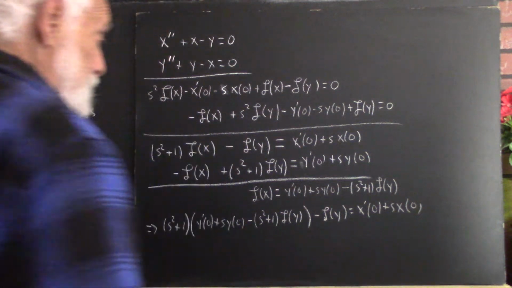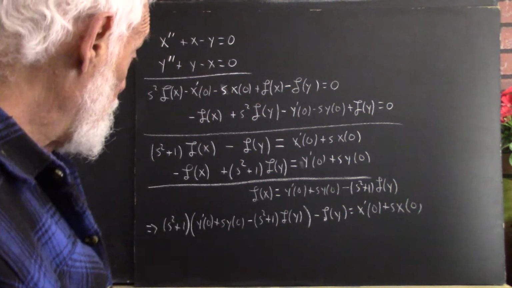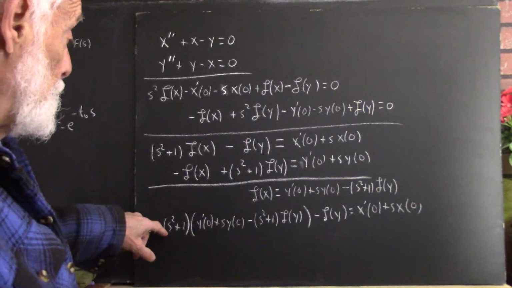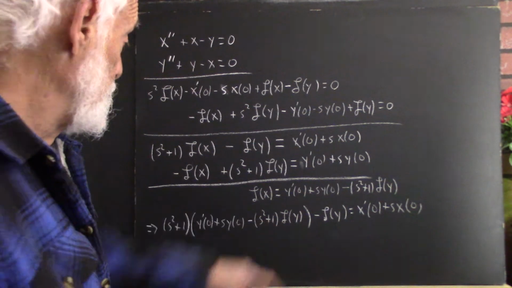Now what do we have? Well, we want to isolate L of y over here. So what do we have on L of y? We've got s squared plus 1 times negative s squared plus 1 on L of y.